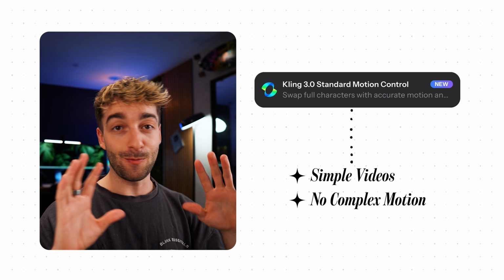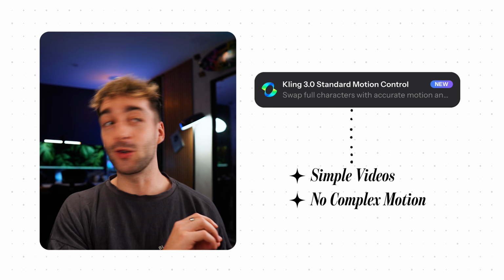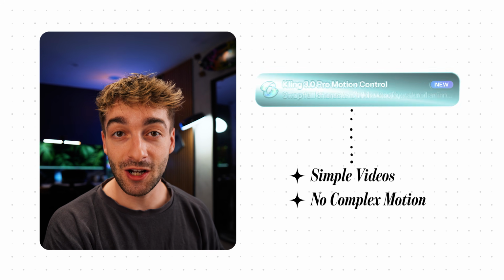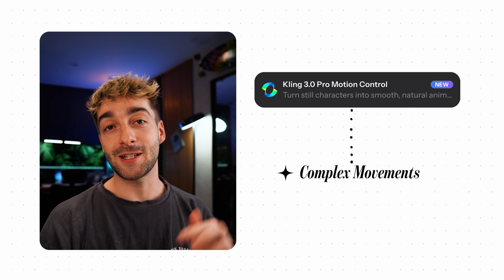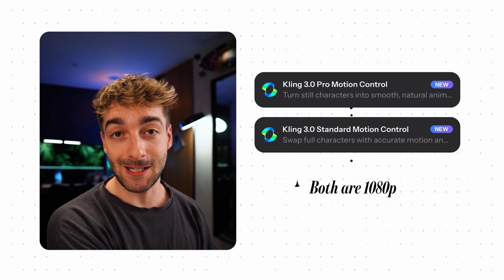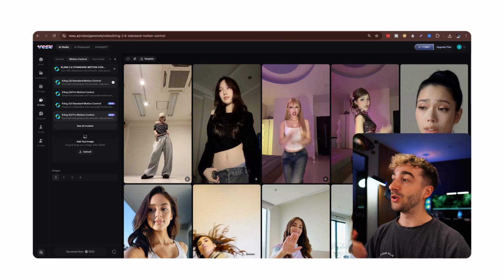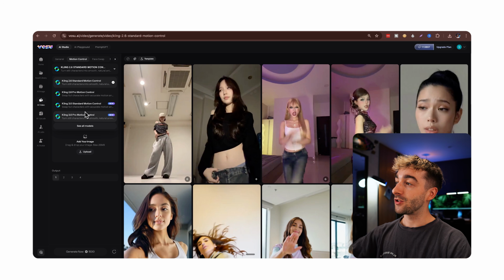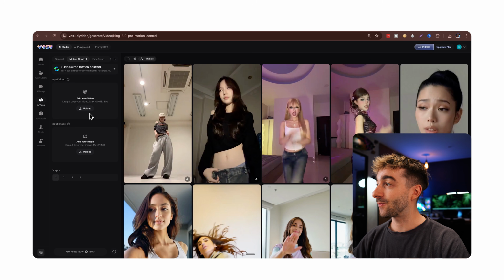If you're doing stuff like this, the motion isn't too complex, you're not moving your head around too quickly, etc. But then the Pro is for more complex movements and slightly higher resolution. They are still both 1080p, but the complex one is for really fast movements, etc. So it basically handles it and it uses a little bit more compute. But you can go ahead and use either option. So let's just go ahead and use the Pro just for the sake of this.